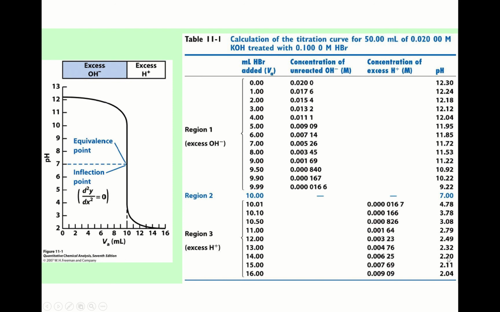This is region 1. This is the equivalence point, region 2, and after the equivalence point, that's region 3. This is the simplest case and very easy to understand.